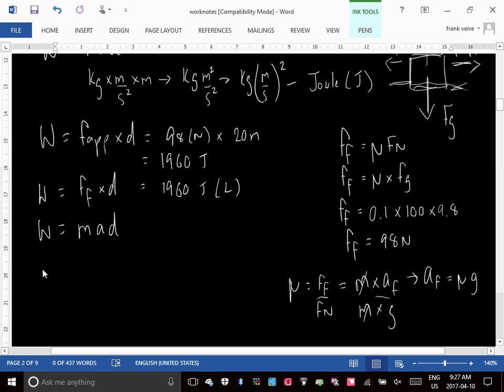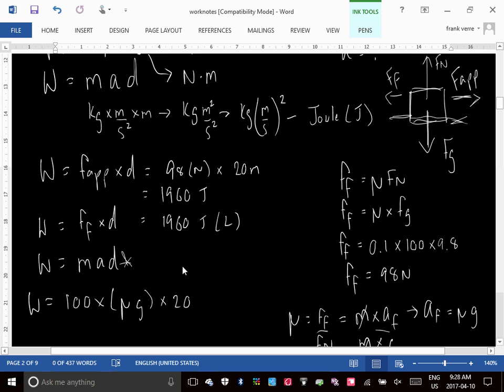So if you look for the acceleration due to friction, then we can use this equation now. Because now we have the mass of the box times the acceleration, mu g, times the distance. Now remember, if you think of it in terms of acceleration, if this box is moving at a constant rate, that means the net force is what? 0.